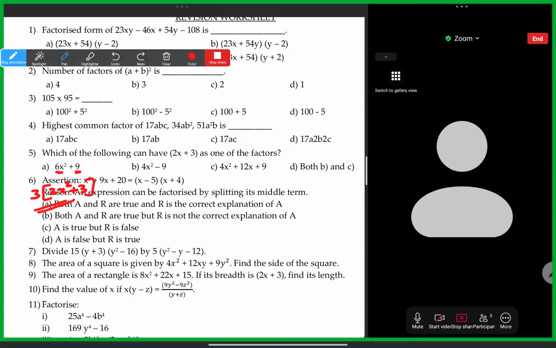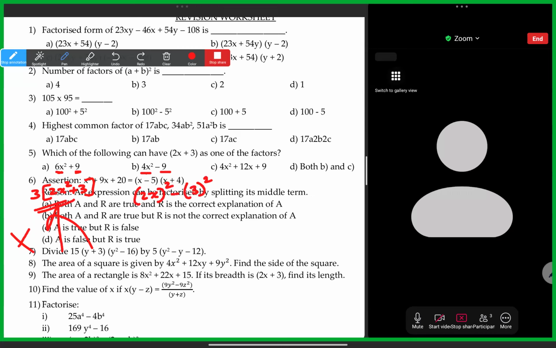So this is the only answer. We can see 2x plus 3 didn't come here. They said 2x plus 3 should be the factor. So the first option is wrong.